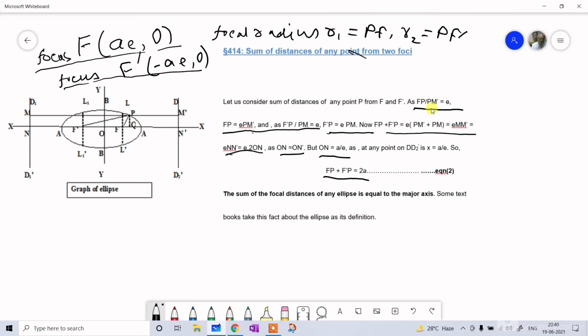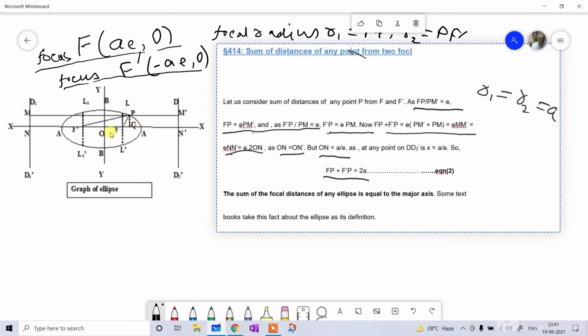What does this say? That the focal distances of any point P, that means r1 plus r2, is 2a, whereas in the case of a circle we would have got r1 equal to r2 equal to a. So half of the major axis is the radius of the circle, whereas the sum of the focal distances of any point is 2a, the diameter. So this is the meaning of eccentricity.